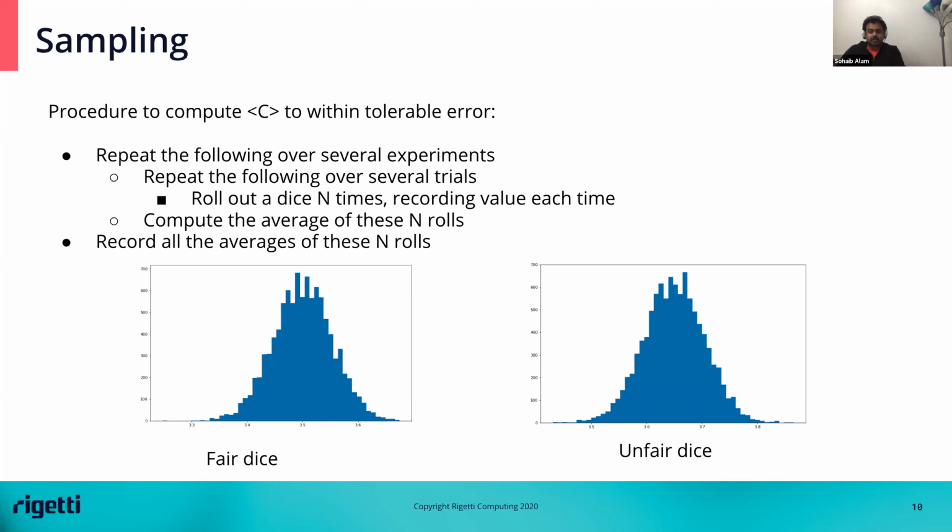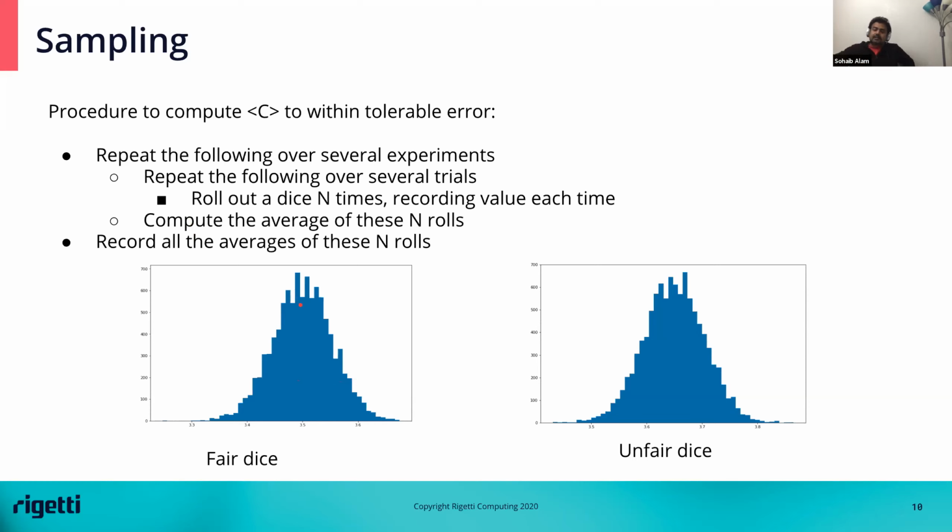Now I'm going to perform a similar experiment all over again and compute the average of 100 different rolls. Maybe it comes out to be 2.9. I'll note that down again, and then I'll repeat the same thing many, many times. Now I have this huge list of averages.